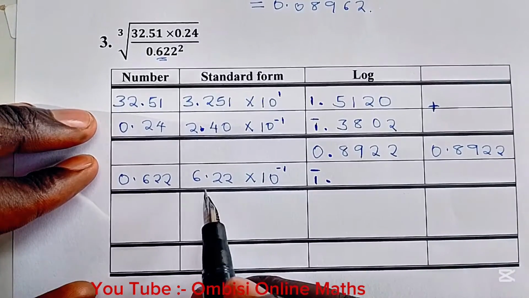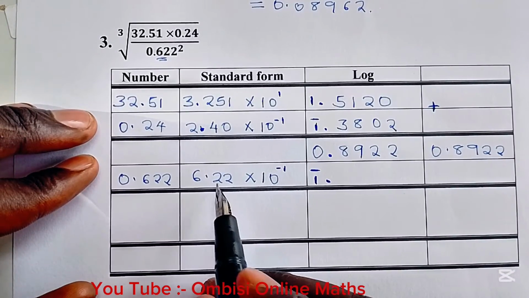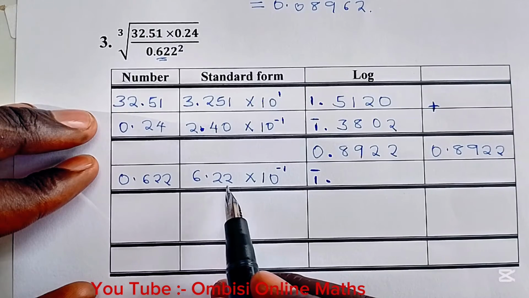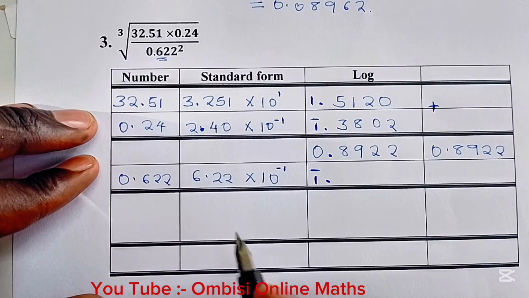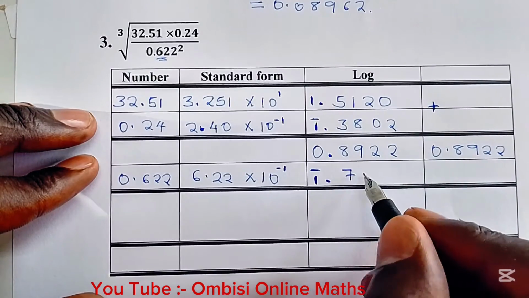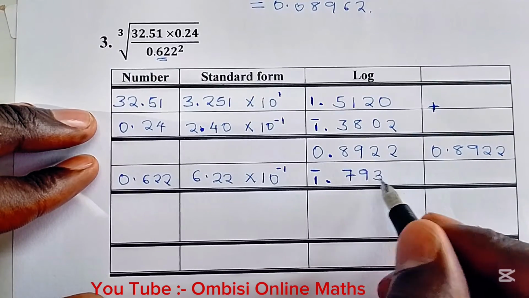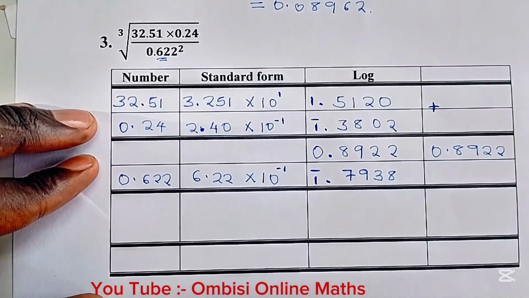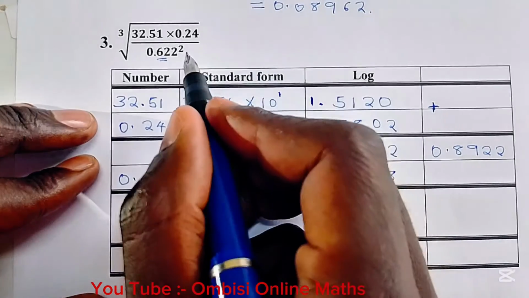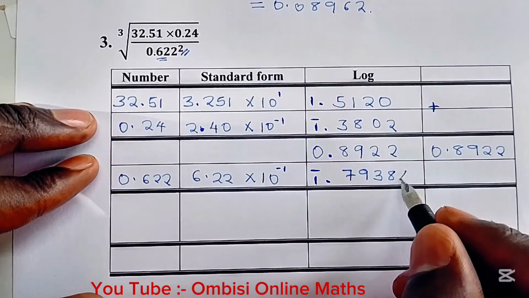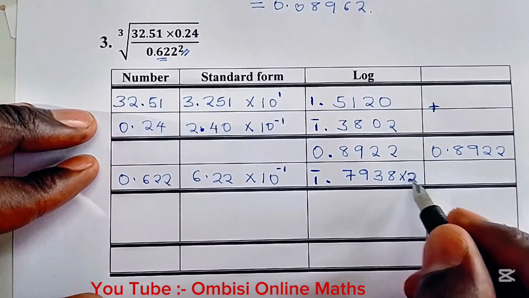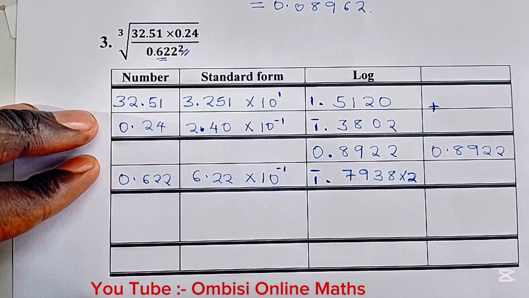Look for the logarithm of 6.2 in the column of 2. So from mathematical table, this one gives us 7938. But remember, the number is squared. So if it is squared, means you multiply by 2.